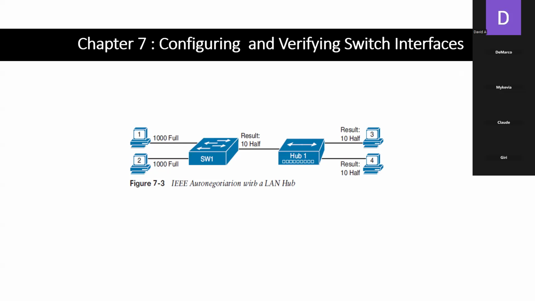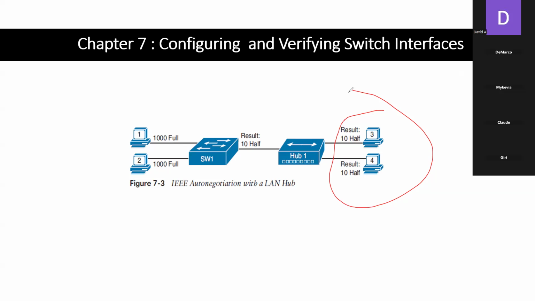That can work. You can have it in your environment, but consider what's going to happen with what's detected on your network. You have a link for 10 megabits per second. It's going to see that from the hub and set all of this to half.